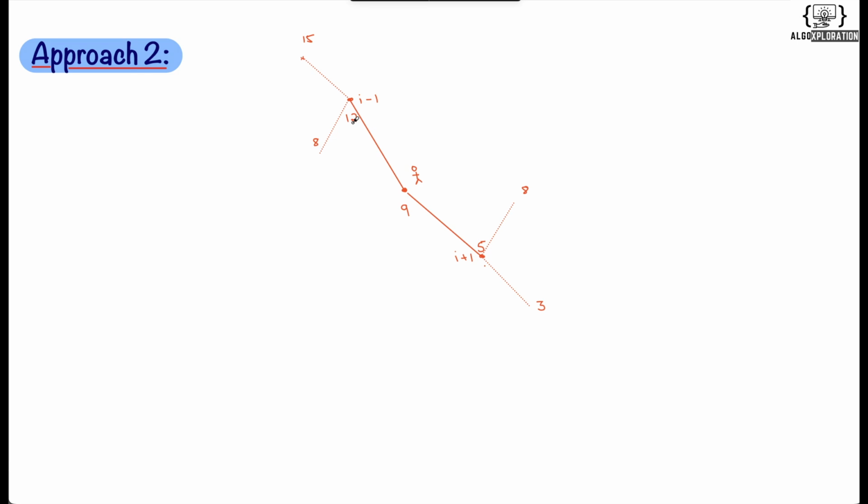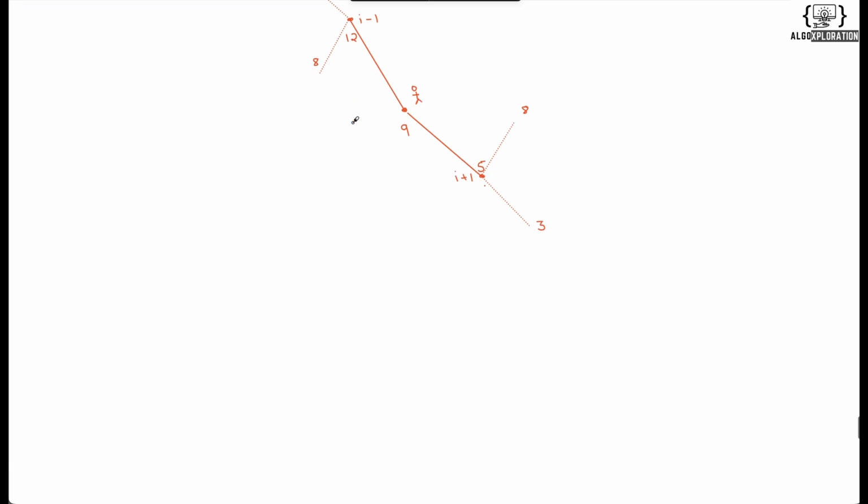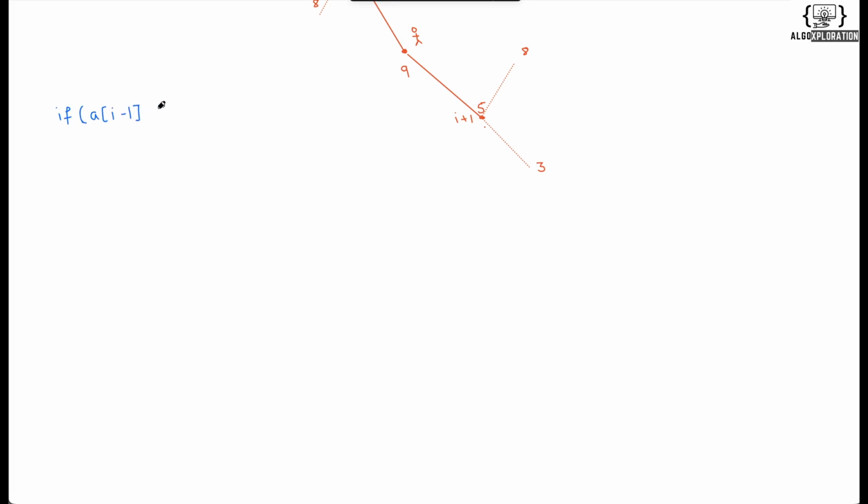Taking this observation, what we can do: if a of i minus 1 is greater than a of i, then go left hand side.